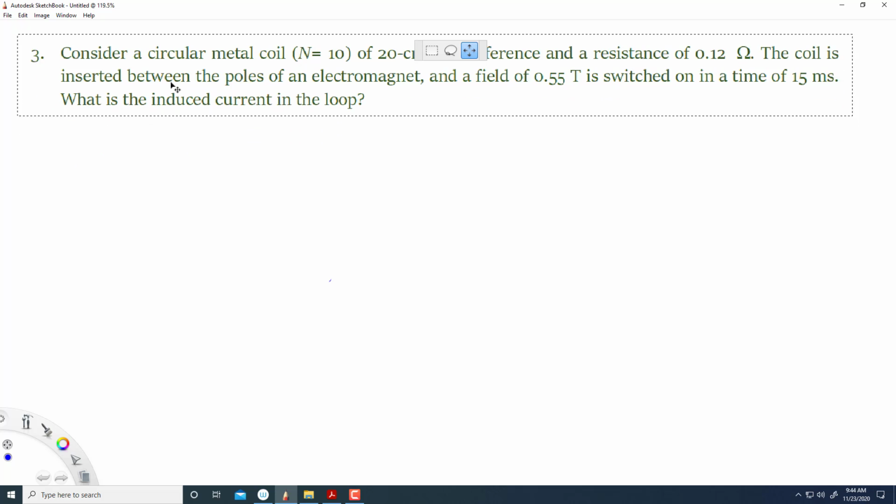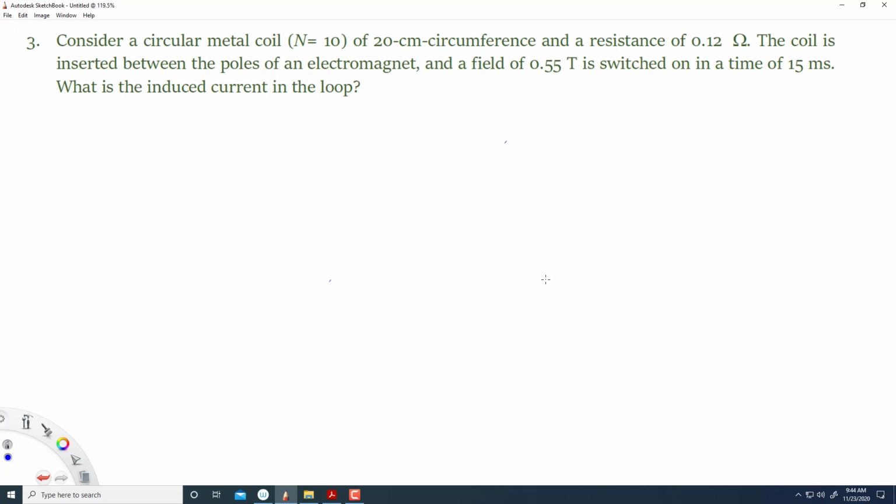Decide which one this is. Are we changing B? Are we changing A? Are we changing theta?